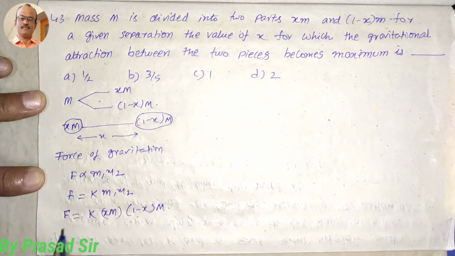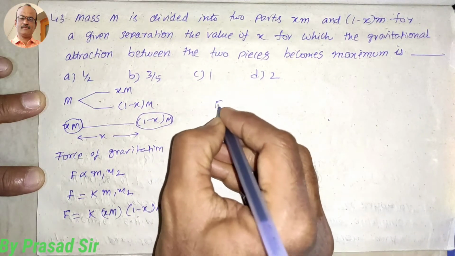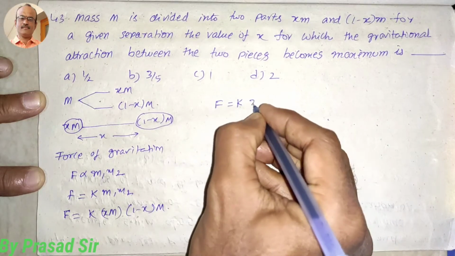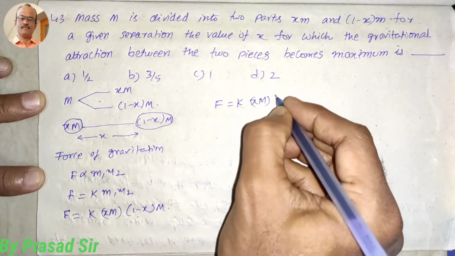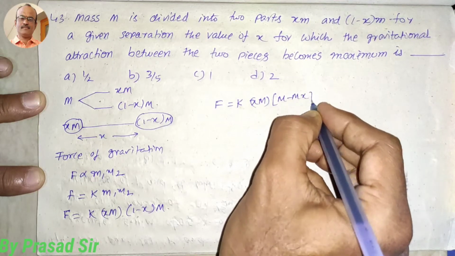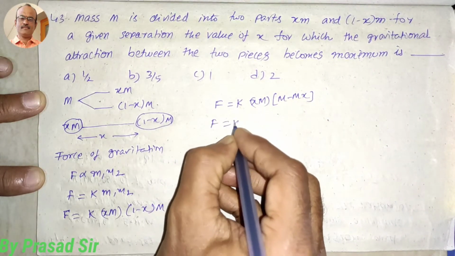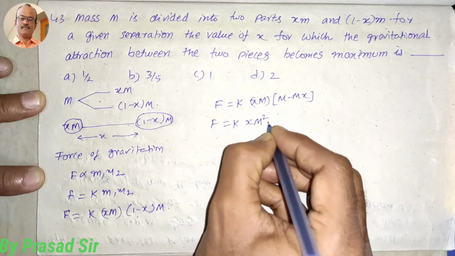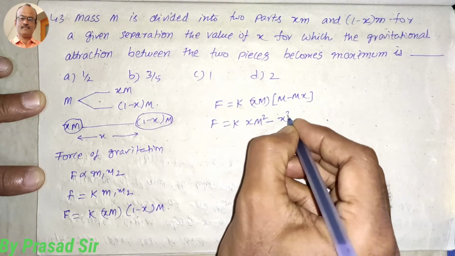On multiplication of these two, F is equal to some constant k into x m times m minus m into x. So F is equal to constant k x m square minus x square m square.